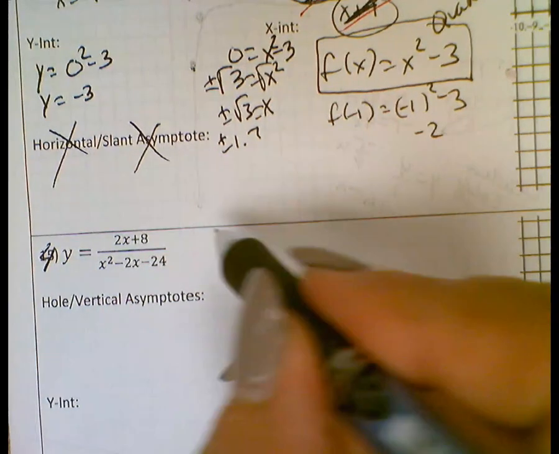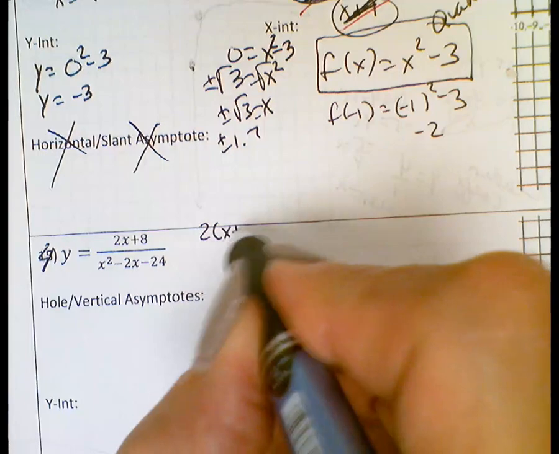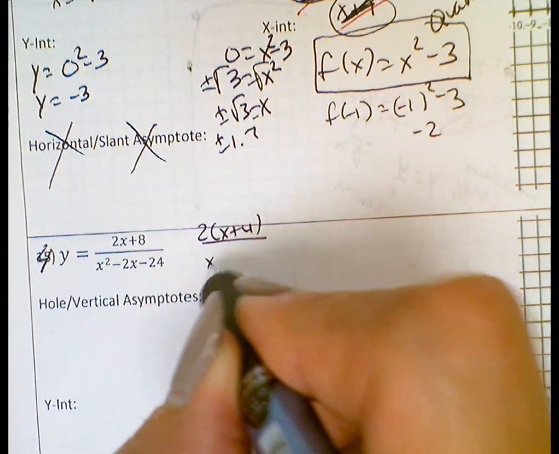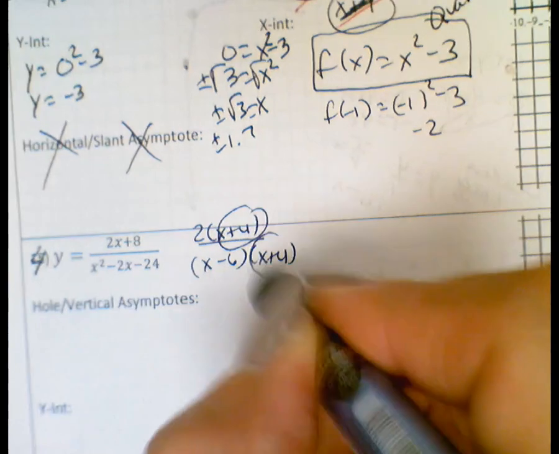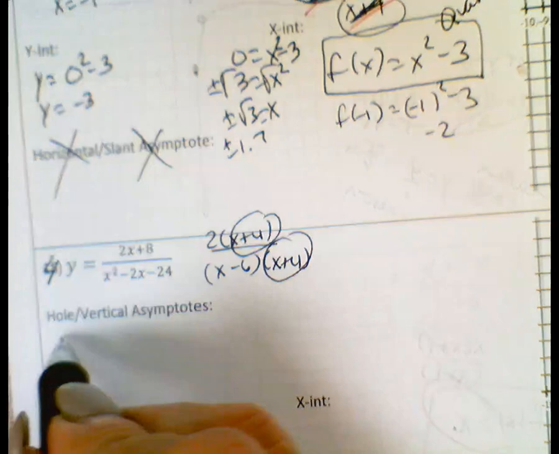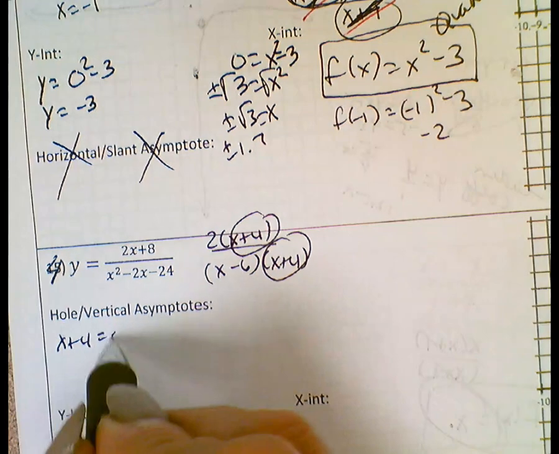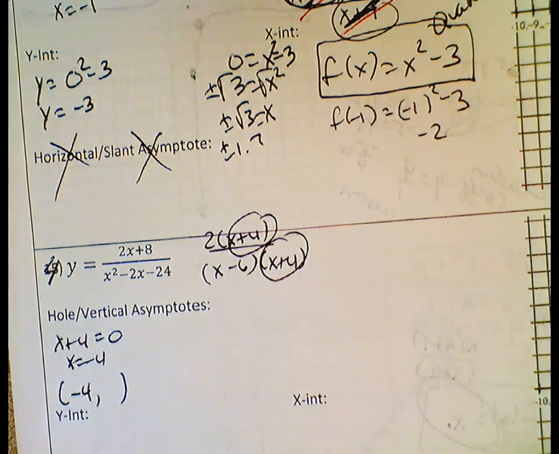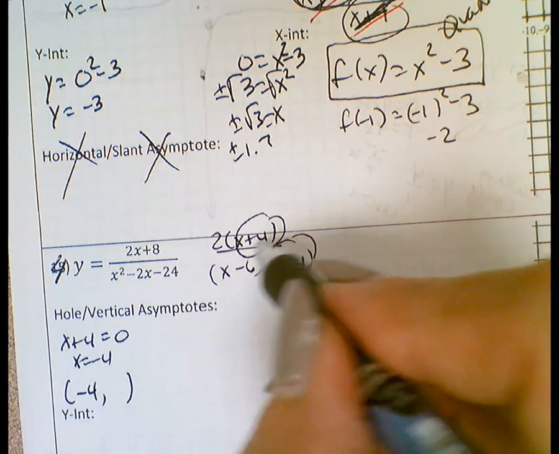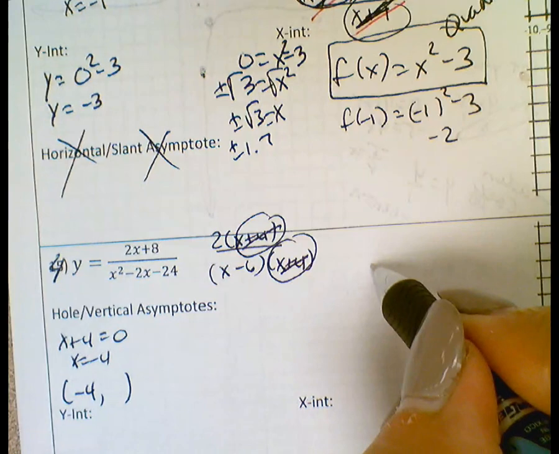So the next problem, there's lots of factoring that can be done here. So we have 2x plus 4, and we have x minus 6 and x plus 4. We have another removable discontinuity here. So this time, the hole is going to be at -4 something. So let's remove it and write down our new fraction.